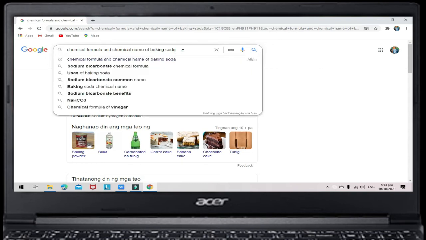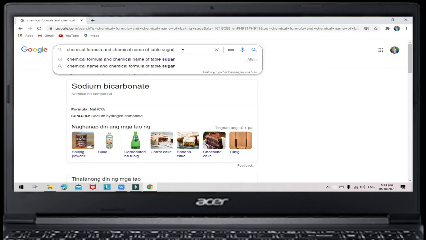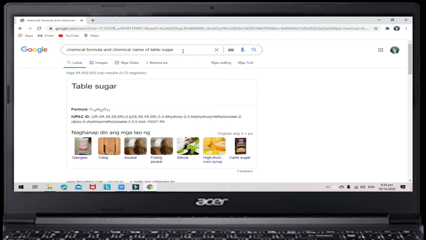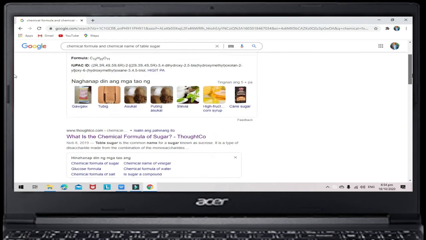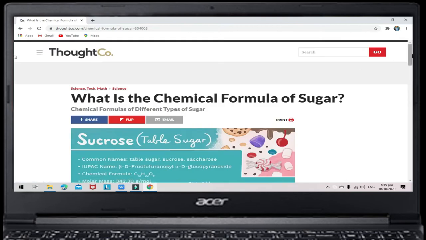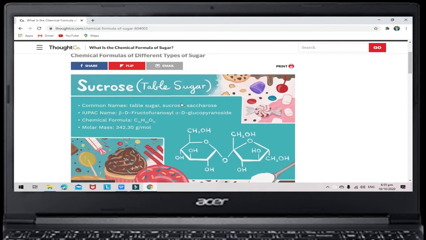Another example is the chemical formula and chemical name of table sugar. If the chemical name of a compound did not appear at once, you may try this. That's easy, right?